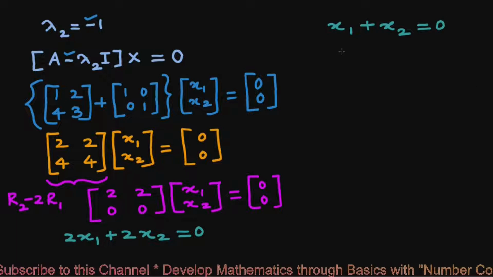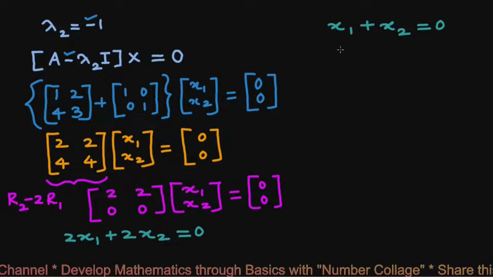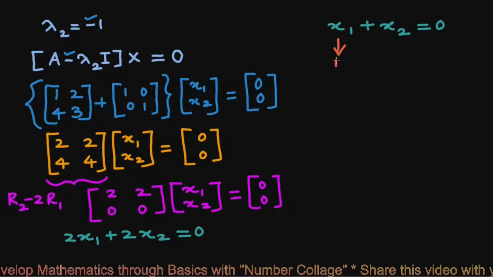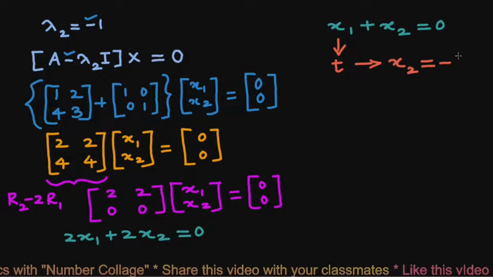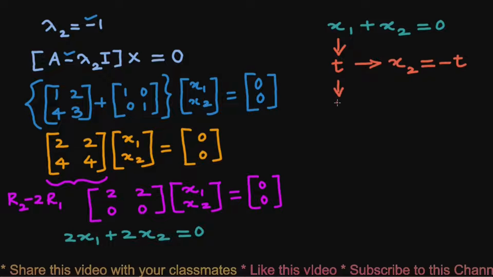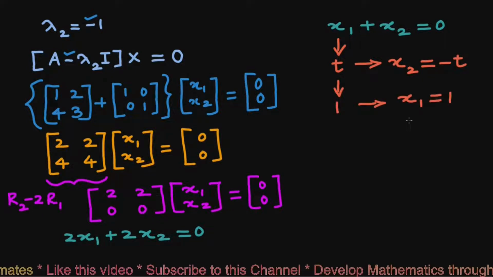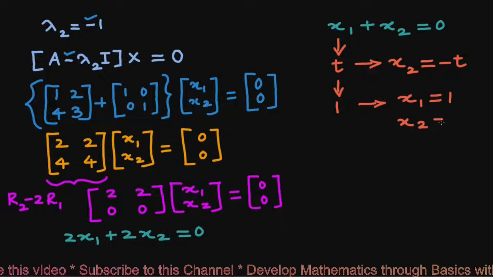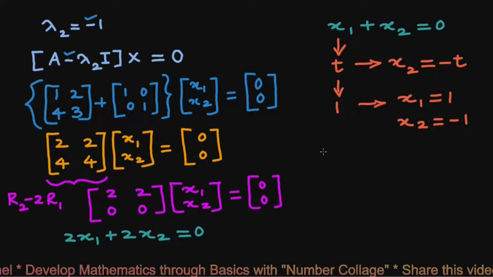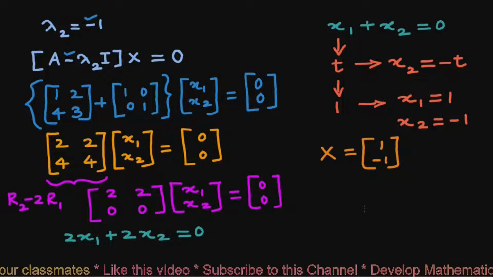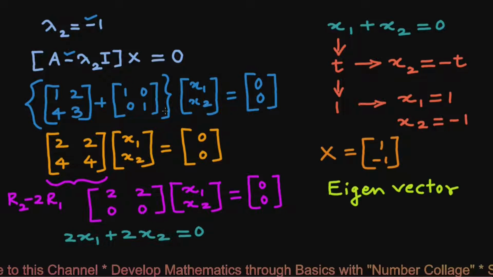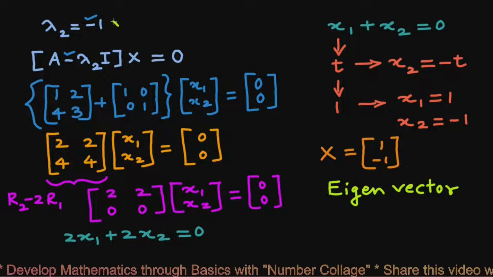Since there are two unknowns x1 and x2, let us assign parameter t for x1 so that x2 becomes minus t. If we put t equals 1, x1 becomes 1 and x2 becomes minus 1. So the vector x will be [1; minus 1], which will be the eigenvector corresponding to the second eigenvalue minus 1.